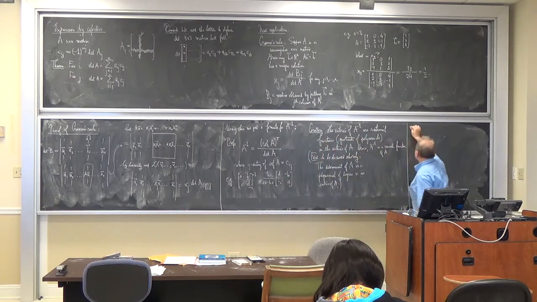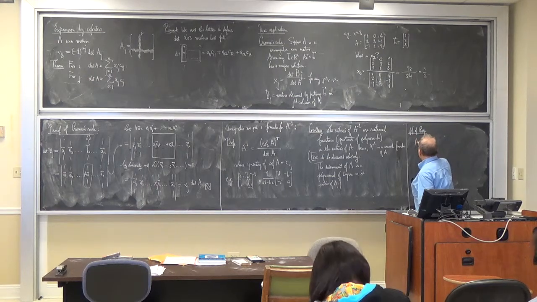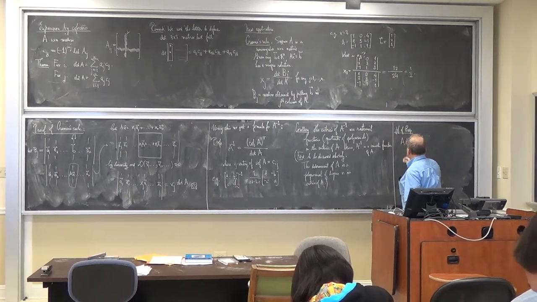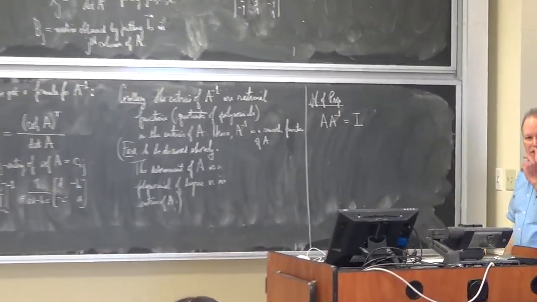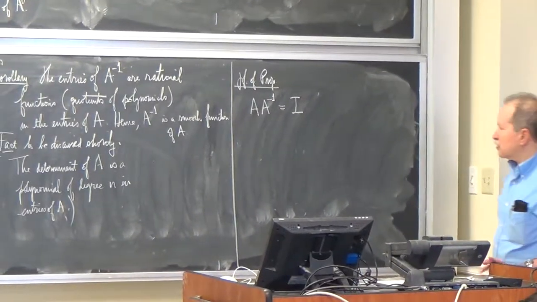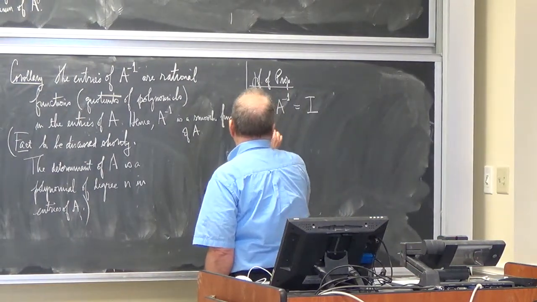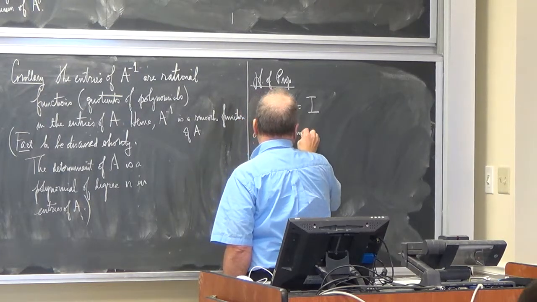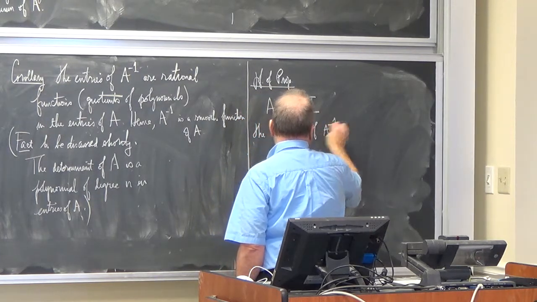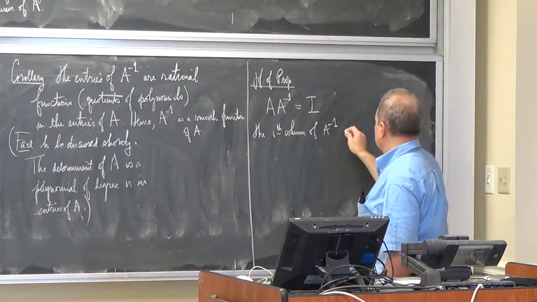So, proof of the proposition. A inverse is defined by that equation. Agreed? So in particular, the ith column of A inverse is the solution of what equation?